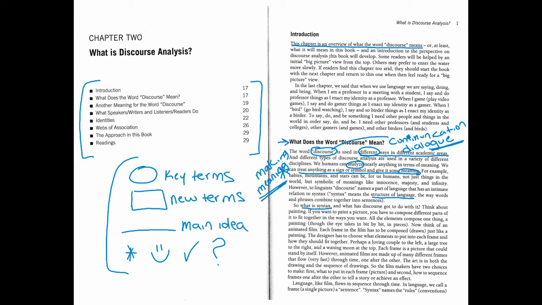This word different is coming up over and over again. What I understand here is that there may not be a single use of discourse or a single context for discourse, that it happens in many different places, this word different coming up again.